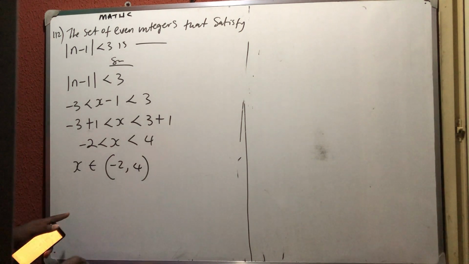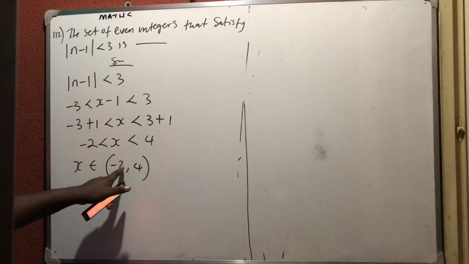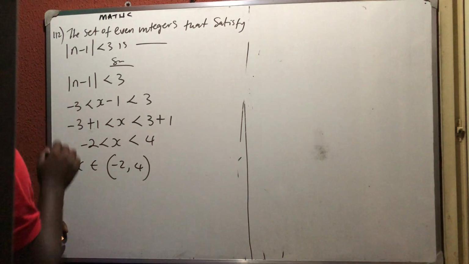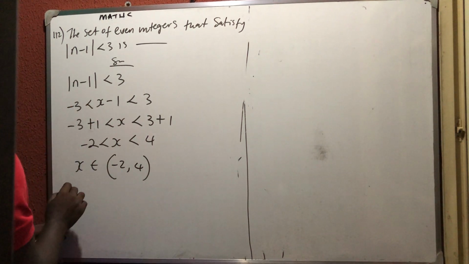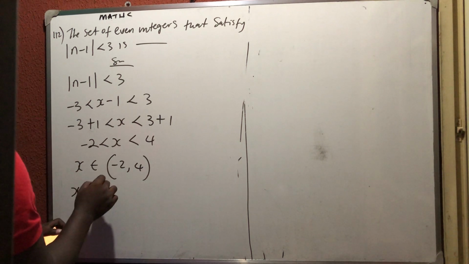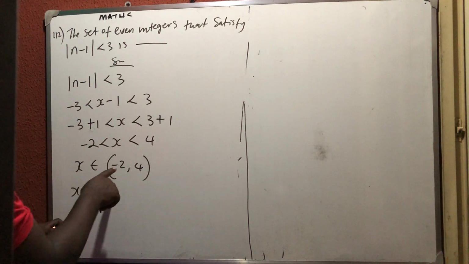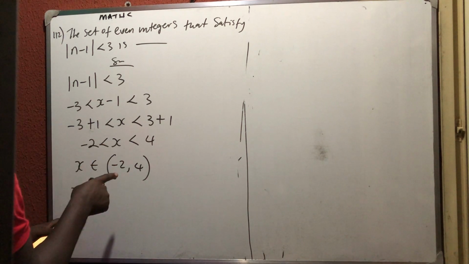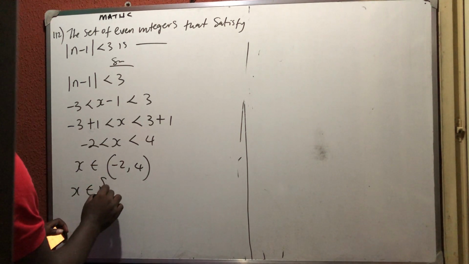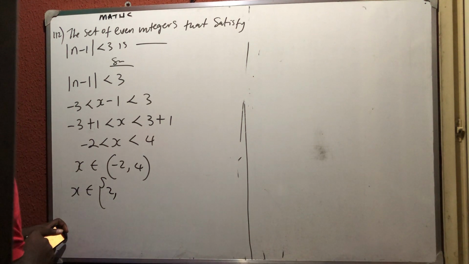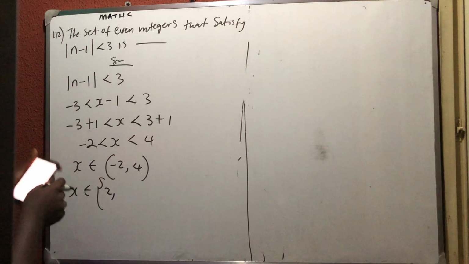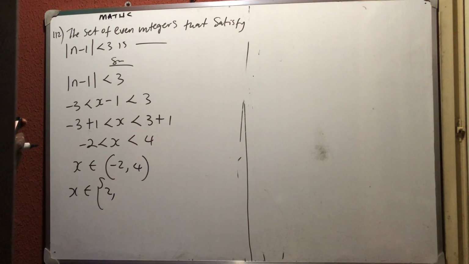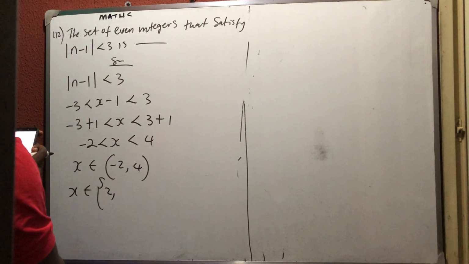Okay. Now, so it is now only numbers that are in between minus 2 and 4. So the even integers. So x is now an element of even integers from minus 2 to 4. Minus 2 is not involved. 1 is not an even integer, 0 is not an integer. So I'm starting from 2. 2 is involved. Even integers, I think it's just 2. 2 is the only one there.